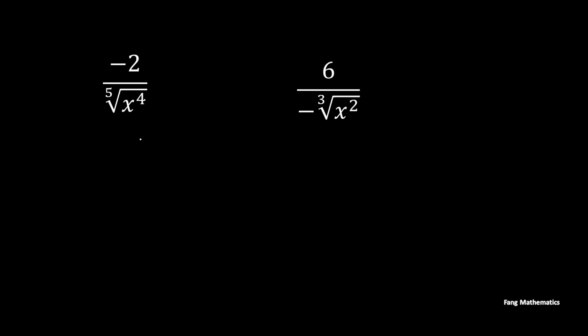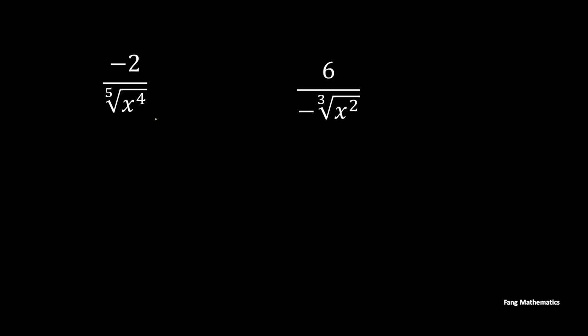The last question we have. So this question, if you are to refer to it nicely, you should see your x component is at the denominator. So the first step we have is to turn the power and radical into exponent, and we are to bring it up to the numerator. So two steps altogether. So let's give yourself a try.